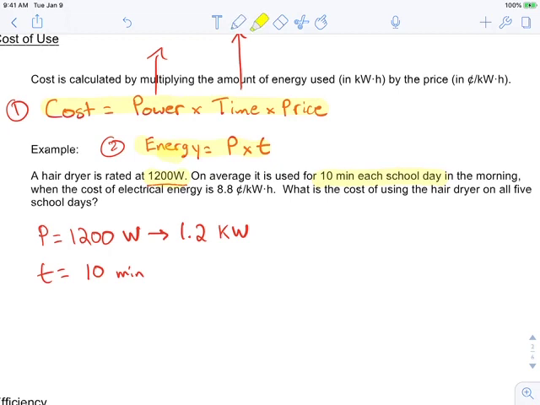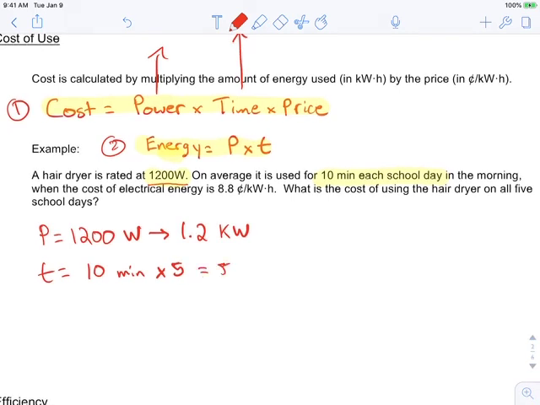For most of you, it should be 5 days a week. So we're going to go 10 minutes every school day, times 5. That means every week we're using it for 50 minutes, because we're using it 10 minutes a day on all 5 school days. So right now we're at 50 minutes.